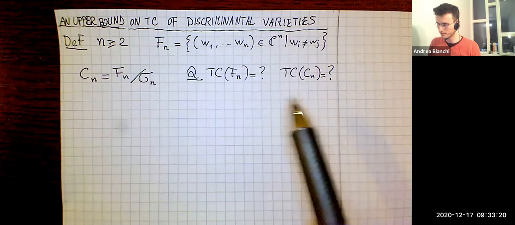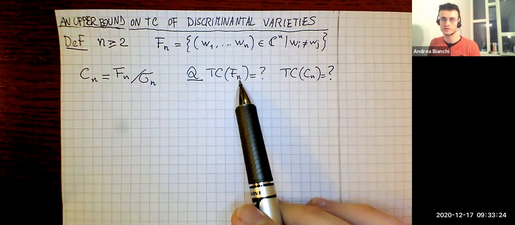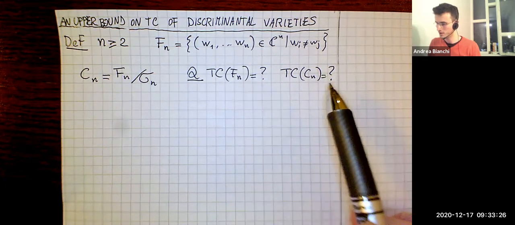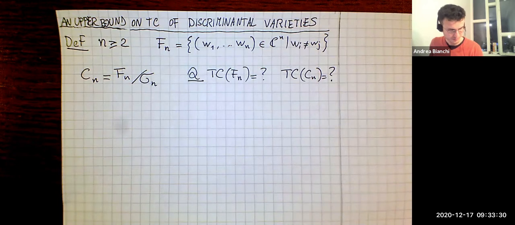There are two cases: here the robots are ordered, so there is robot number 1, robot number 2, and so on. And here instead, the robots are indistinguishable.